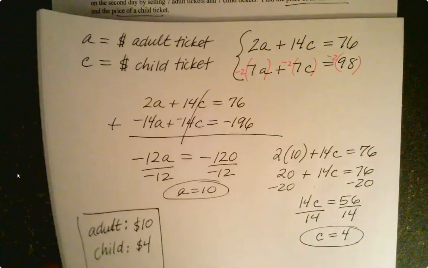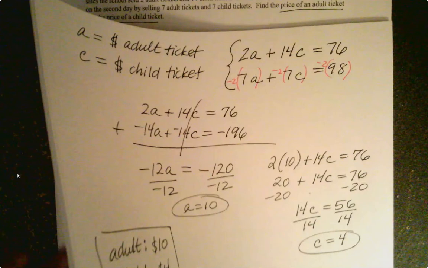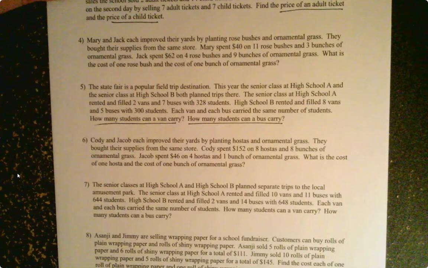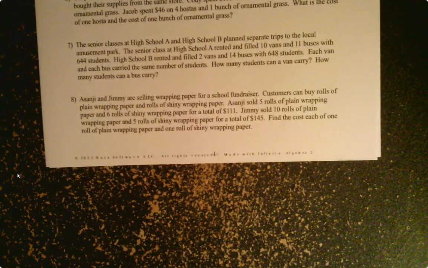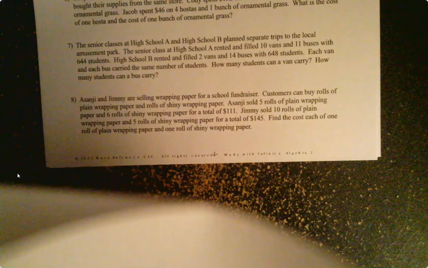Alright, let's do another one. How about number 7? Number 7 is a lot like number 15 that we just went over. So try to go ahead and hit pause, and then create your system of equations for number 7.